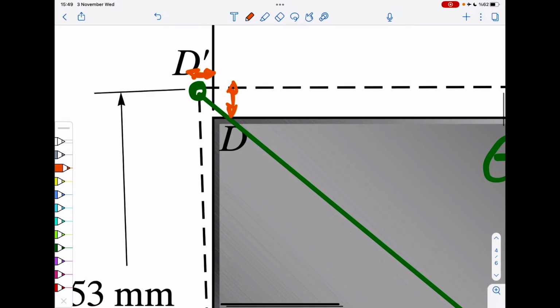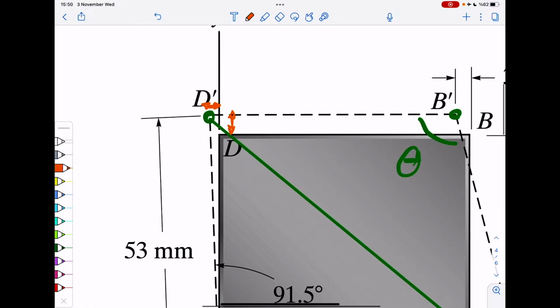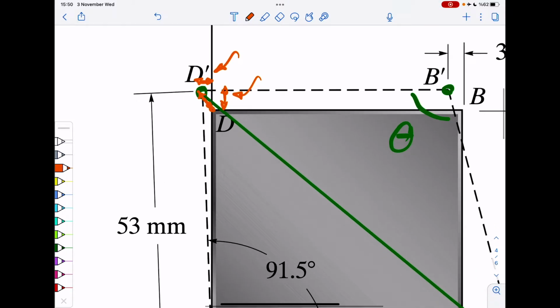So between what we would call DD prime, it has two components, a vertical component and a horizontal component, and one of them is multiplied by cosine of that 1.5 degree, the other by sine of 1.5 degree. You will see them coming in our next calculations, but you see why they are coming.